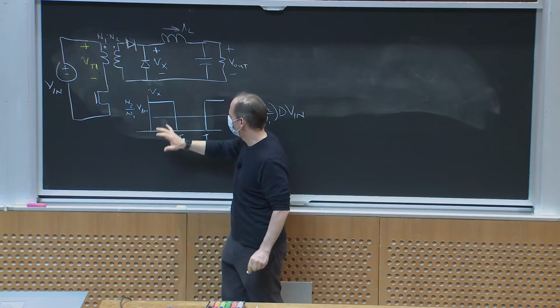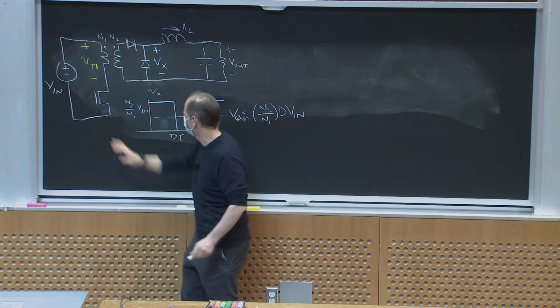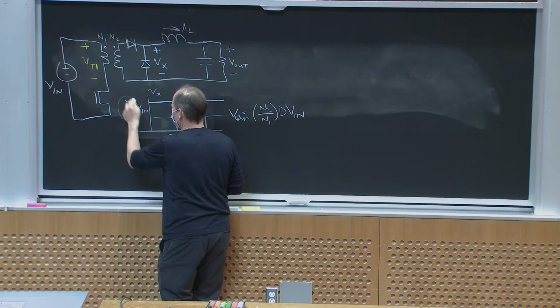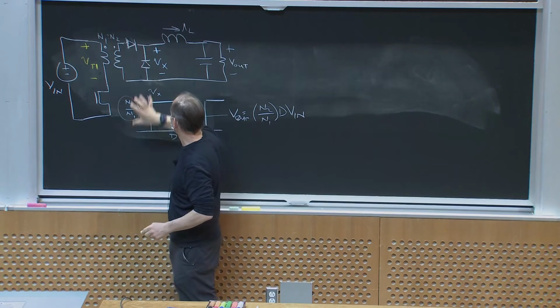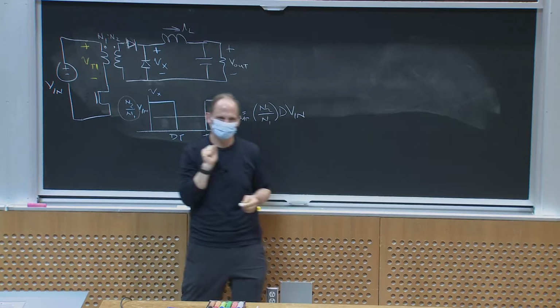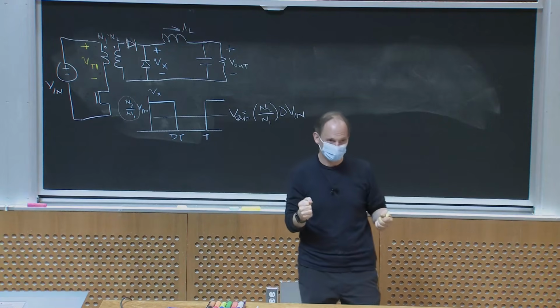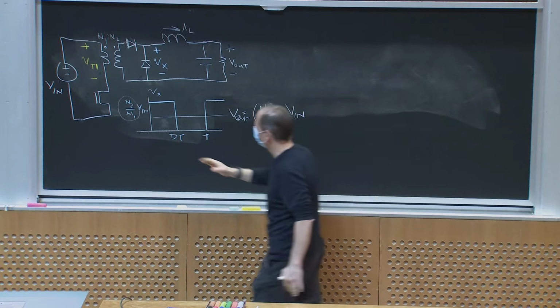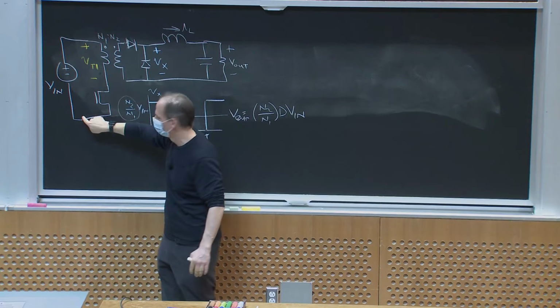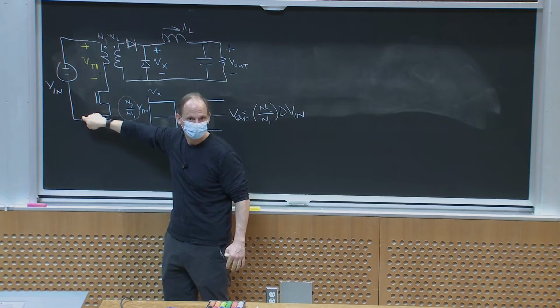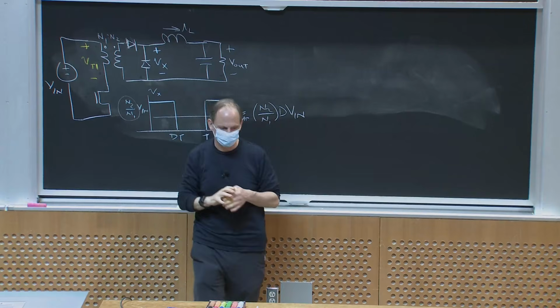And what I've gotten out of putting this transformer in here is this scaling. Instead of applying the input voltage directly here through a switch, I'm applying a scaled version of the input voltage, and I get this nice rescaling. And I also get the electrical isolation. This port is no longer referenced to this node. Okay, so it's some of the same advantages.